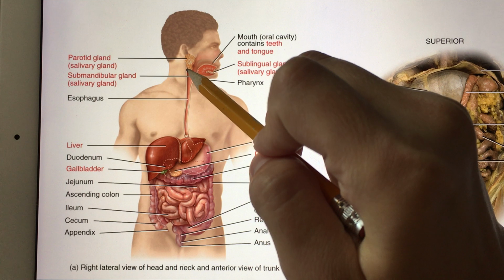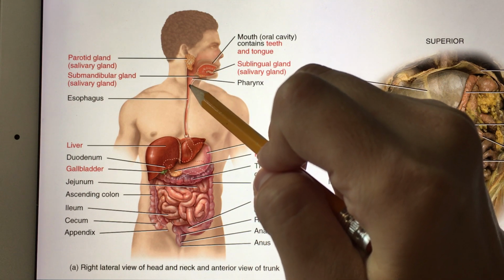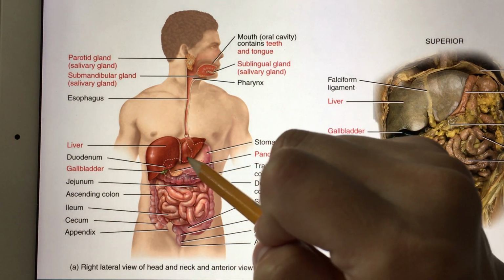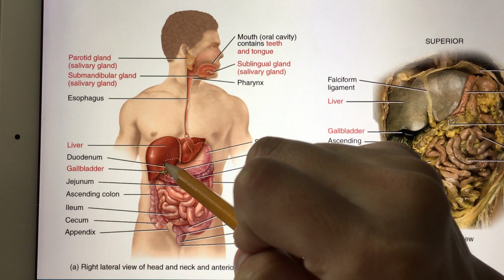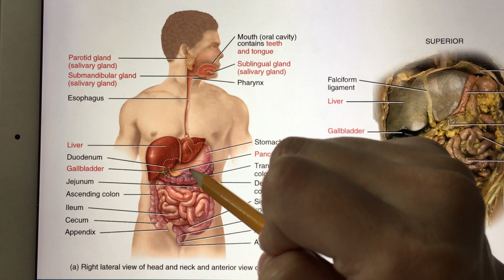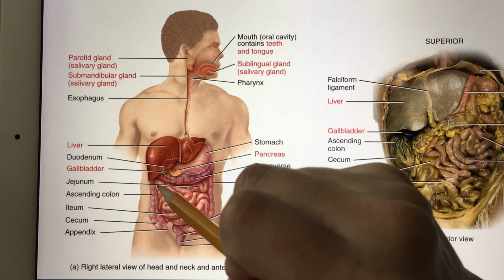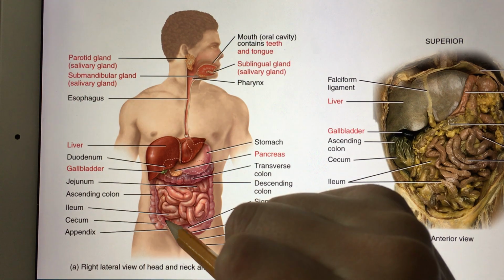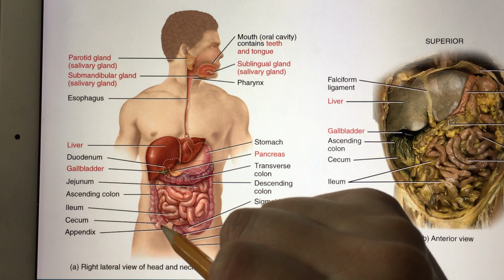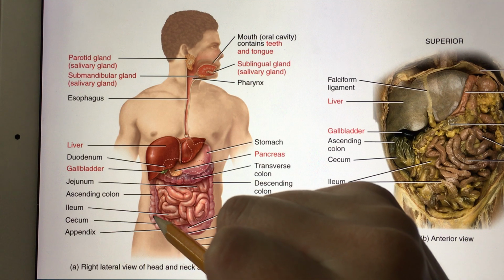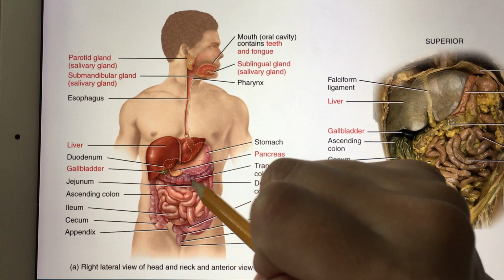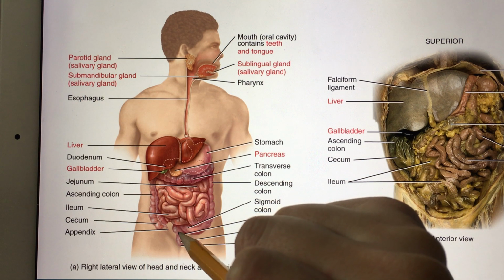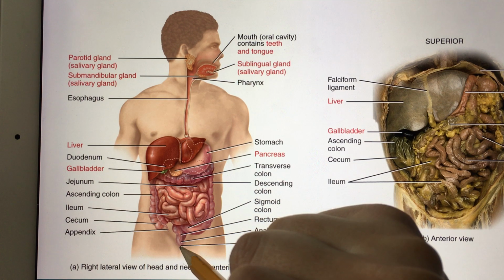First part of the throat is called oropharynx, then laryngopharynx, then esophagus, then the stomach, then the small intestine beginning with duodenum, jejunum, ileum, small intestine connecting to the large intestine at the cecum, ascending colon, transverse colon, descending colon, sigmoid colon, rectum, anal canal, and anus.